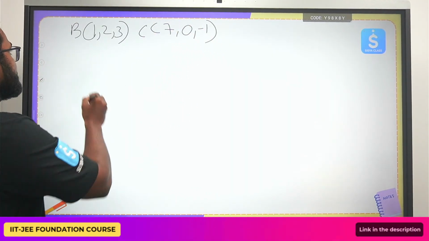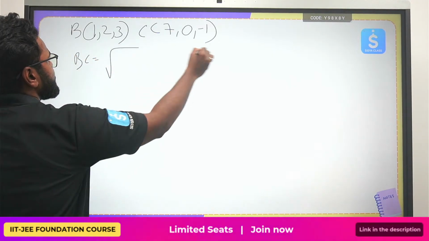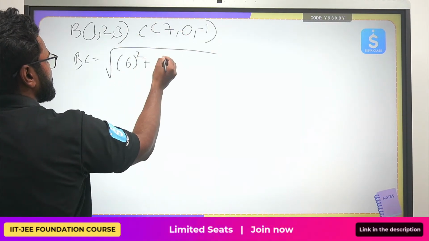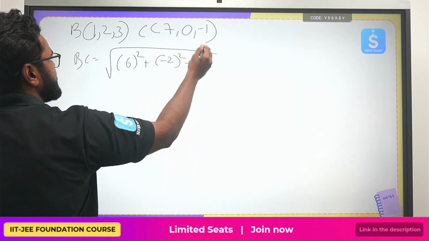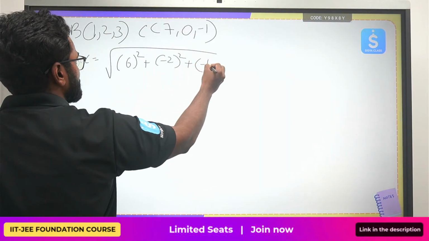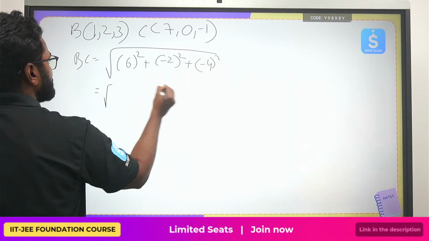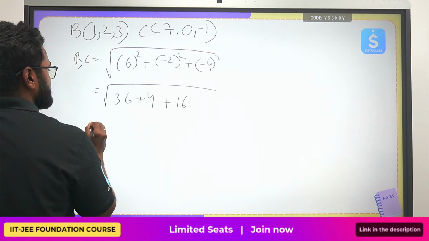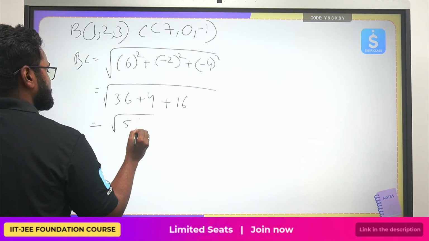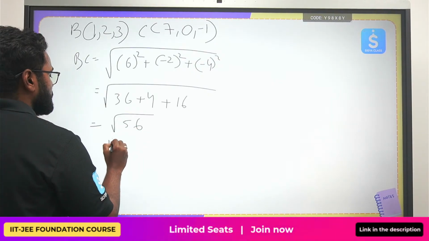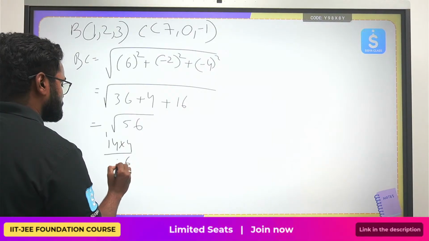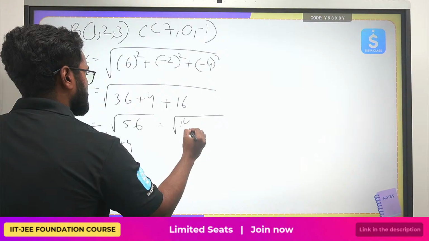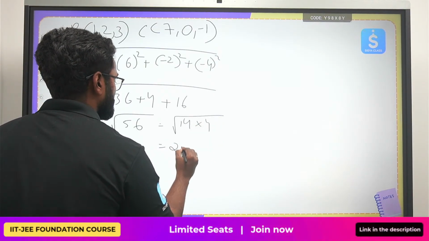The distance is root over (7 minus 1) whole square, which is 6 square, plus (0 minus 2) whole square, plus (minus 1 minus 3) whole square, which is minus 4 square. So that equals 36 plus 4 plus 16, which would be root 56. How can we write this? 14 into 4, that's equal to 2 root 14.